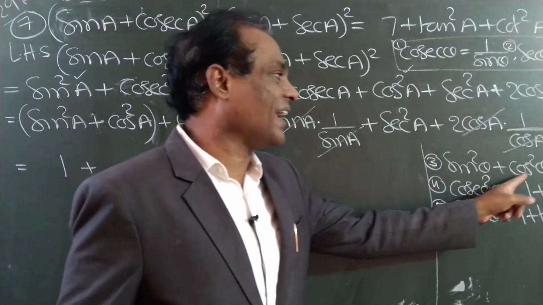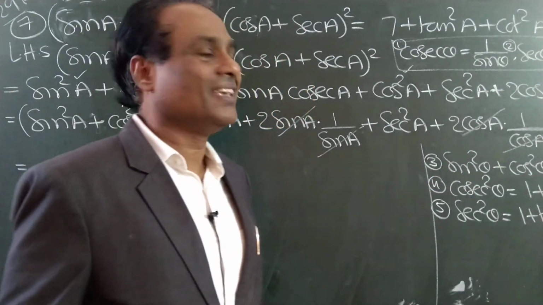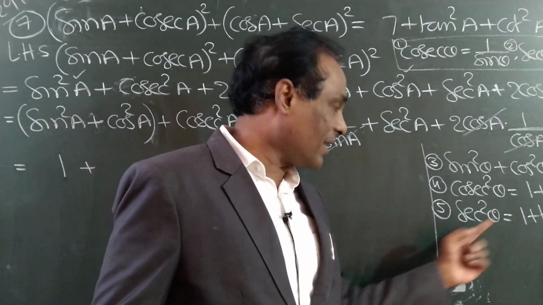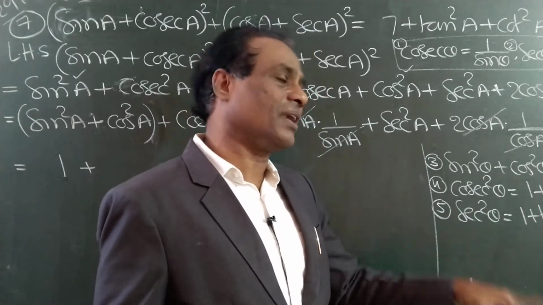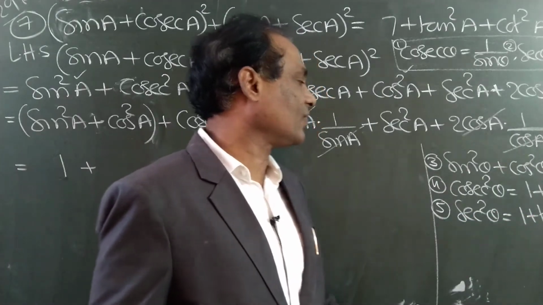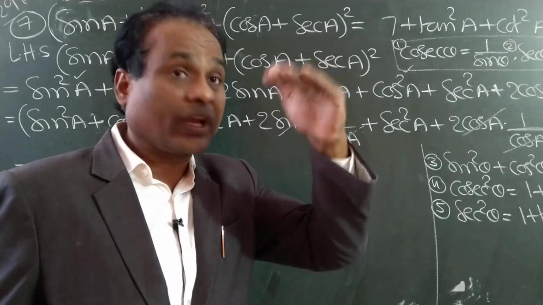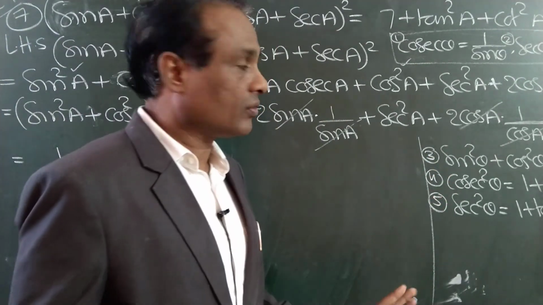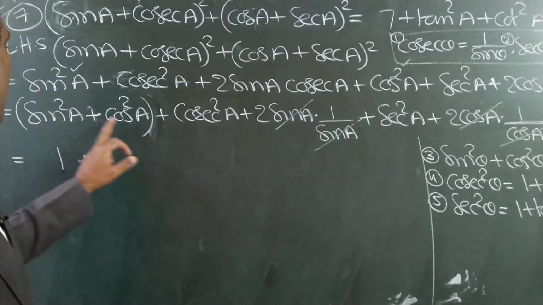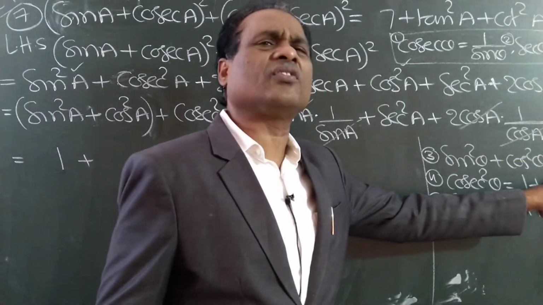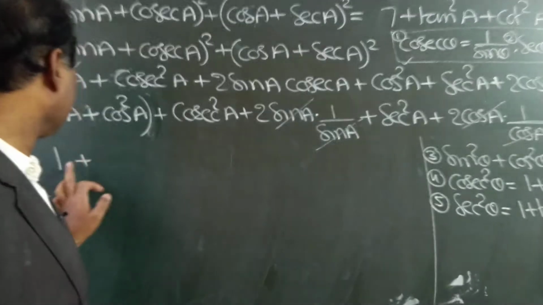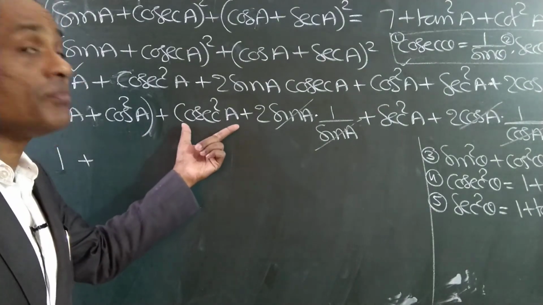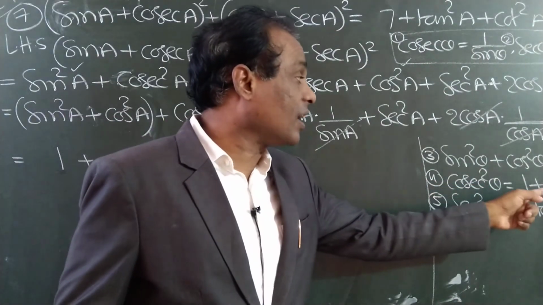First identity is sine square plus cos square is equal to 1. Second identity is secant square minus tan square is equal to 1, which can be written as secant square is equal to 1 plus tan square. Just look at the page, I gave all the formulas. Wherever you get sine square plus cos square, it is 1. Why am I changing cosecant square to 1 plus cot square?